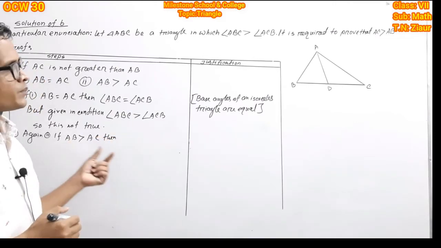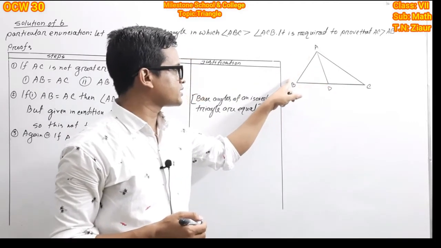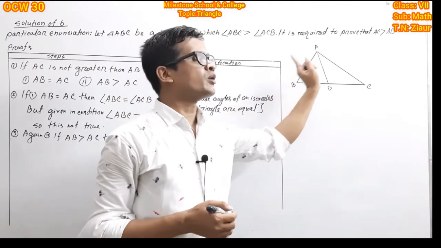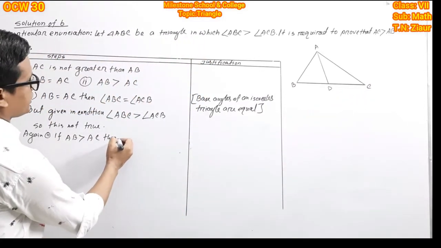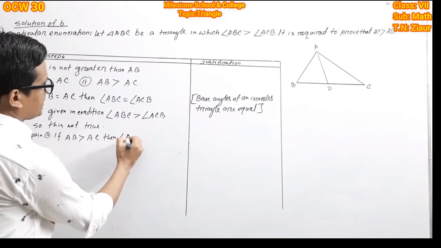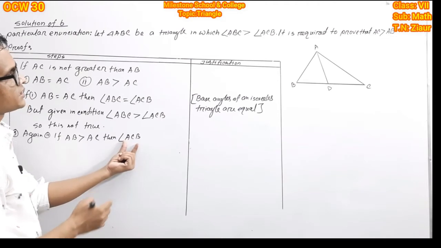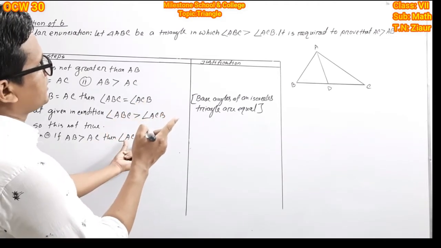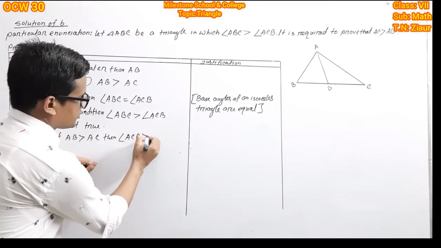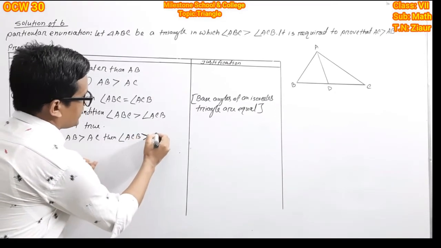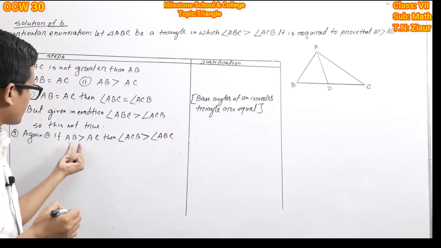When this side is greater than this side, at that time the opposite angle will be greater, right? The opposite angle, which one? Angle ACB is greater here. ACB is greater than ABC, because AB is greater.